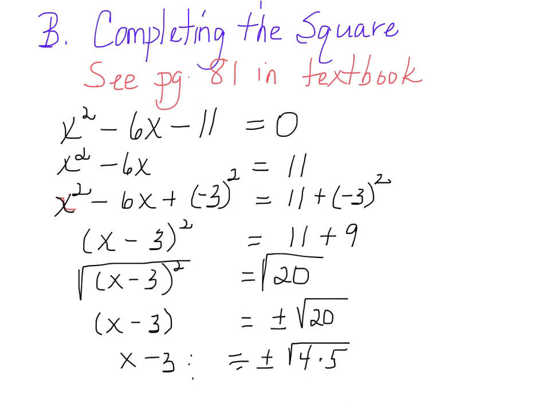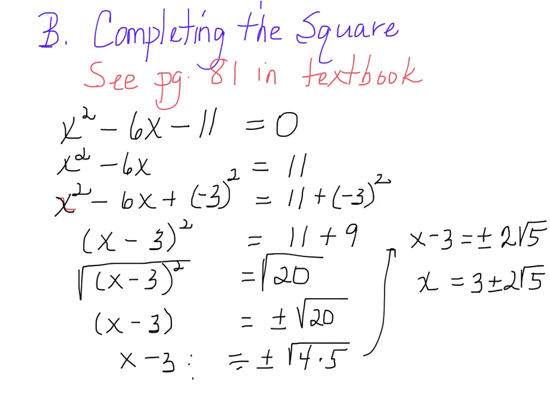So when we simplify this, we now have x minus 3 is equal to plus or minus 2 times the square root of 5. The square root of 4 is 2. And we have to solve this for x. So to solve for x, we are going to add 3 to both sides, and we get x is equal to 3 plus or minus 2 times the square root of 5. These are our two solutions, 3 plus 2 times the square root of 5 and 3 minus 2 times the square root of 5.